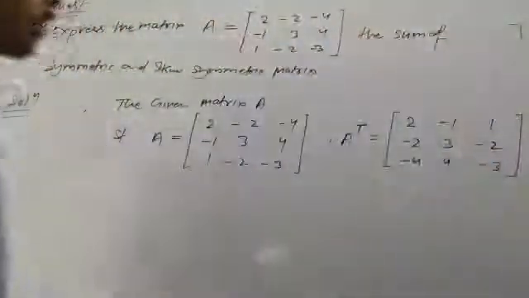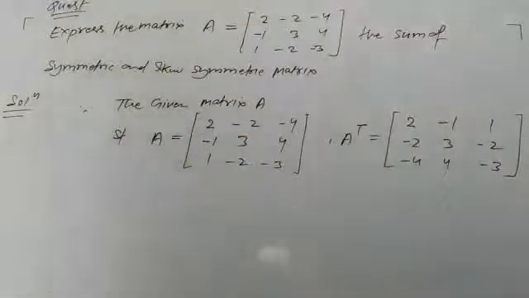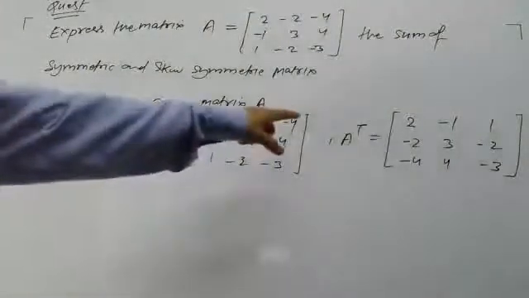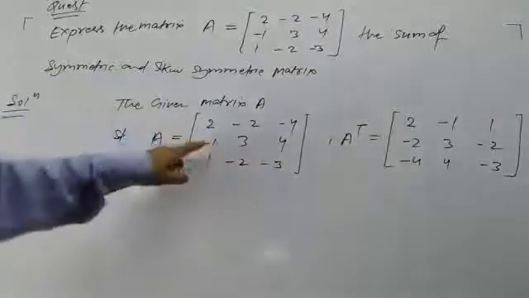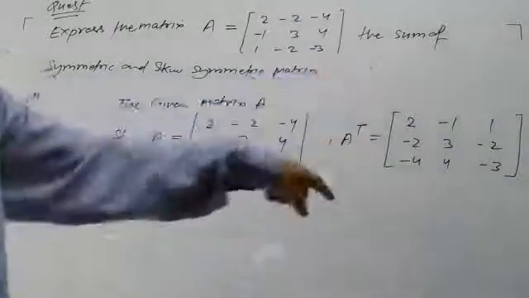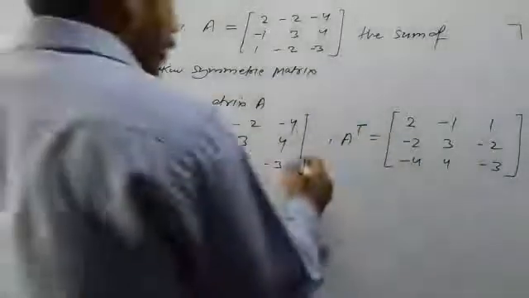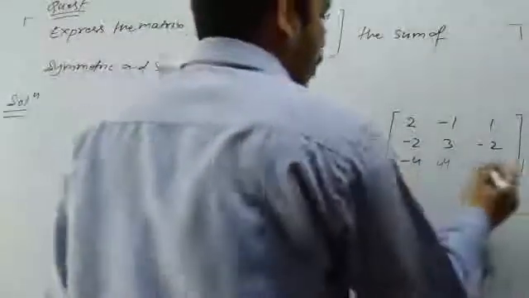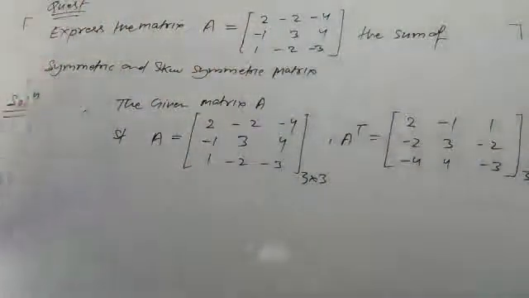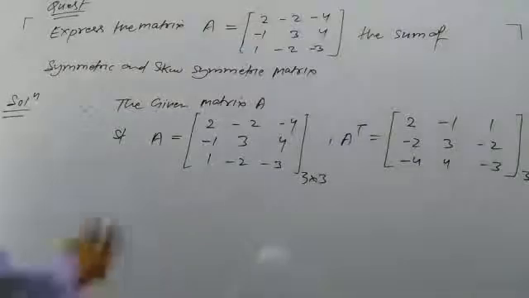So this is the transpose of the given matrix, both of the same order, 3 cross 3. This is valid only for a square matrix. So A and AT.